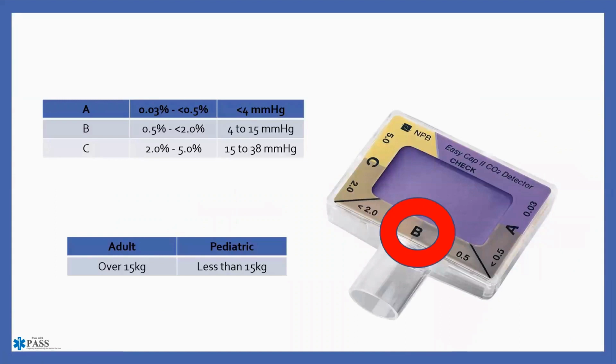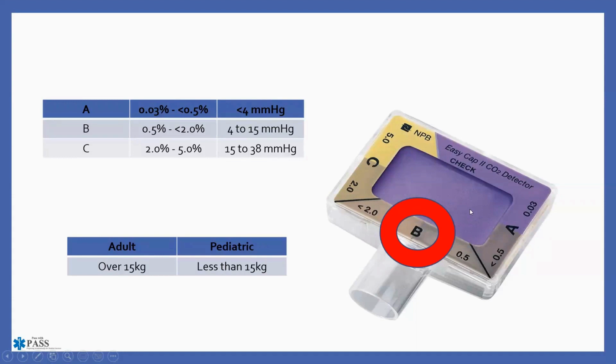So if we're looking at the colorimetric device or the EasyCap, you'll notice there's an A, a B, and a C on this colorimetric device. And with the A, remember I said before, Big Bird, which is yellow, is good. Barney, which is purple, is bad. So if we are looking at the A category, what you're actually trying to do is match the paper color to the border of your colorimetric device.